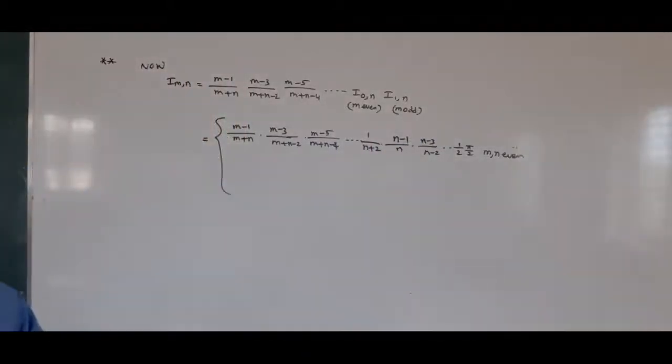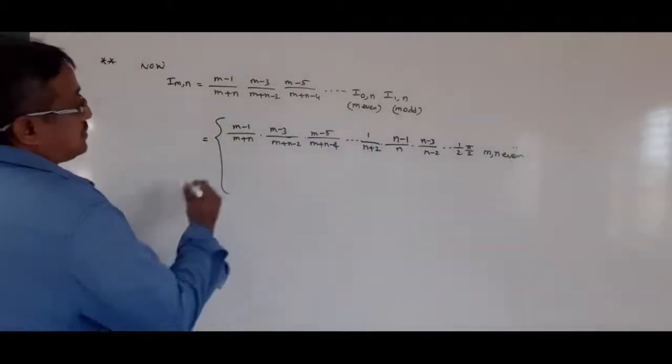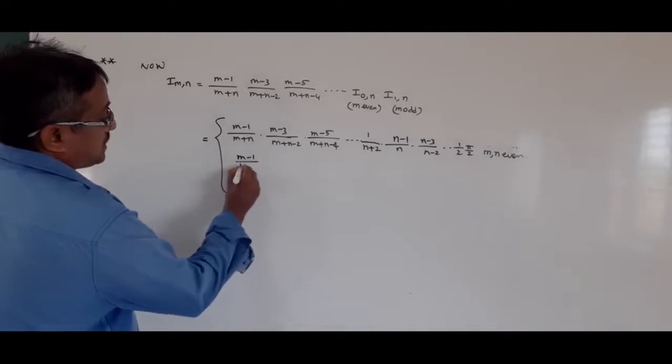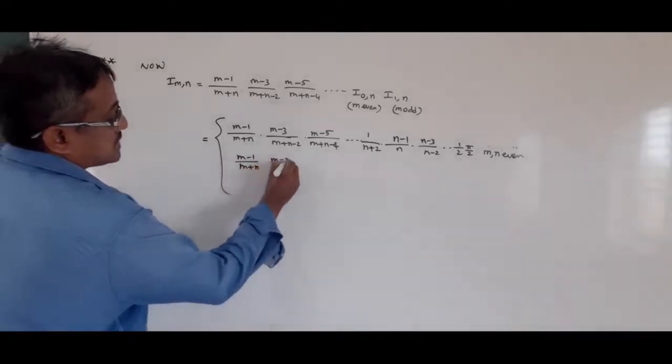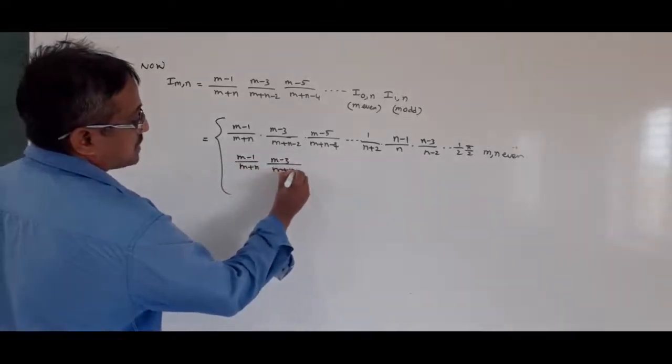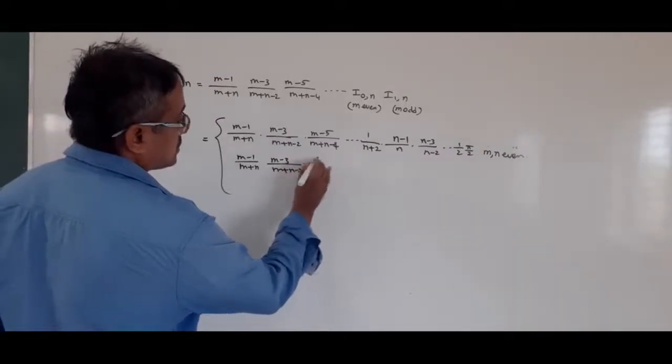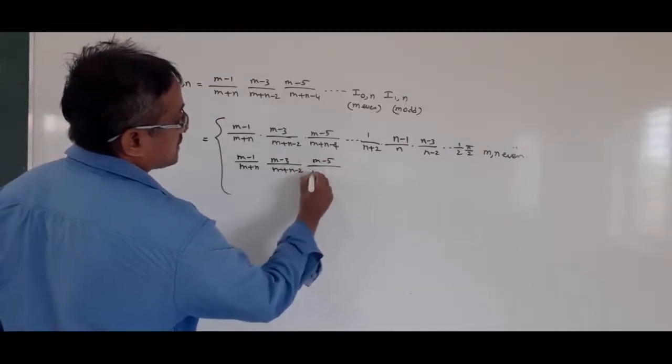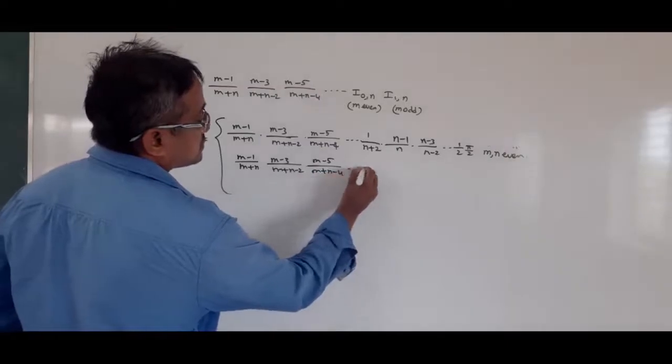Now, (m minus 1) by (m plus n), (m minus 3) by (m plus n minus 2), (m minus 5) by (m plus n minus 4), and so on.